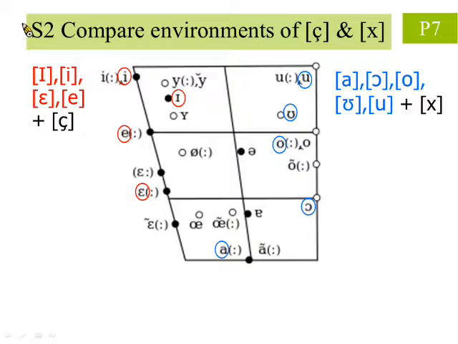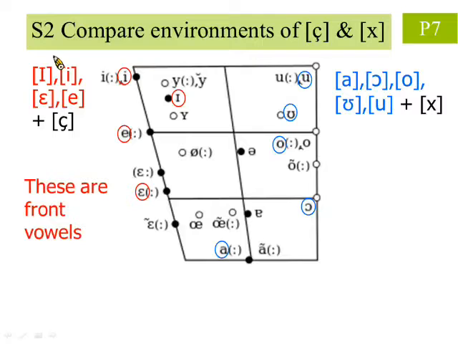Next, we further analyze the vowels just mentioned. The sound sh can be preceded by 4 different vowels. We have circled the location of the tongue responsible for producing these vowels in red. We can see that these are front vowels.